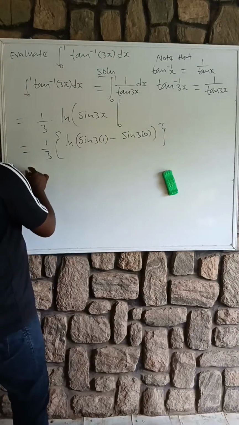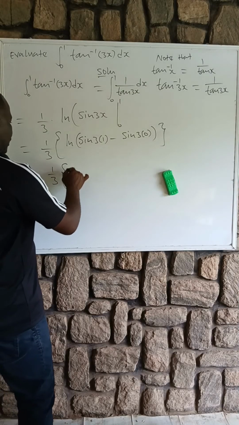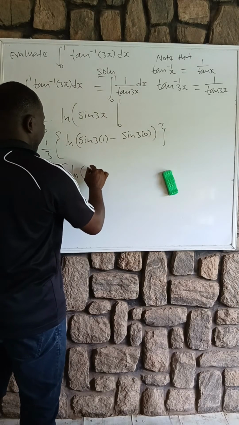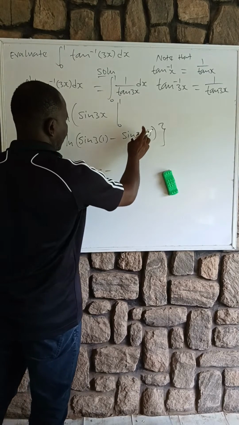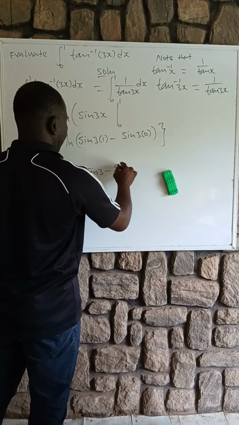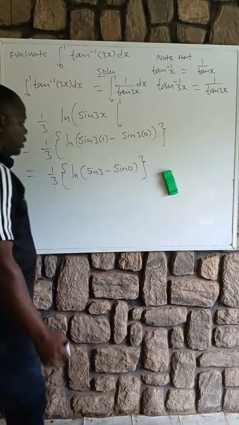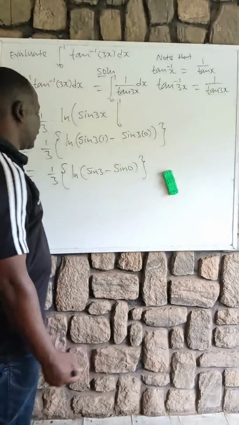So far so good. This is equal to 1 all over 3 open bracket 3 times 1 sine 3 minus 3 times 0 sine 0, right? So what is sine 0? It is 0, right?